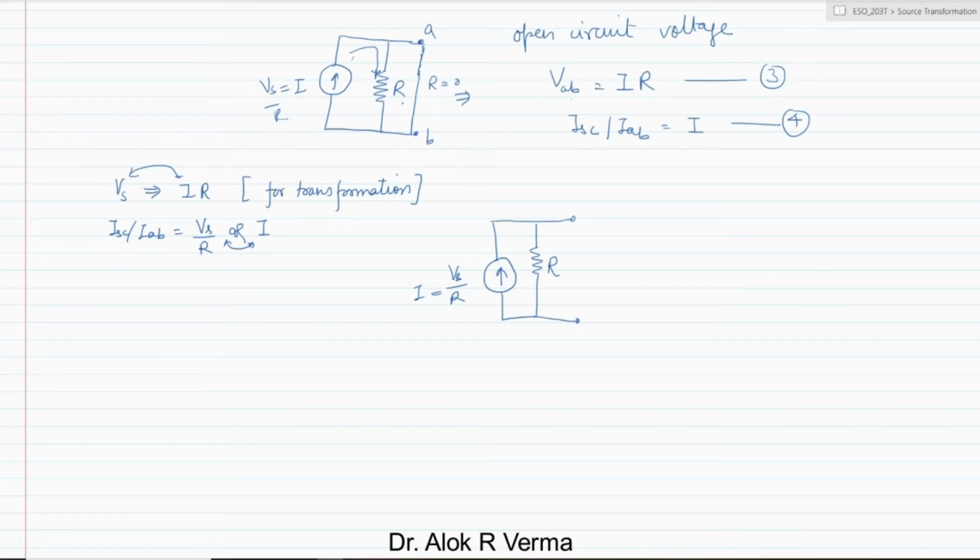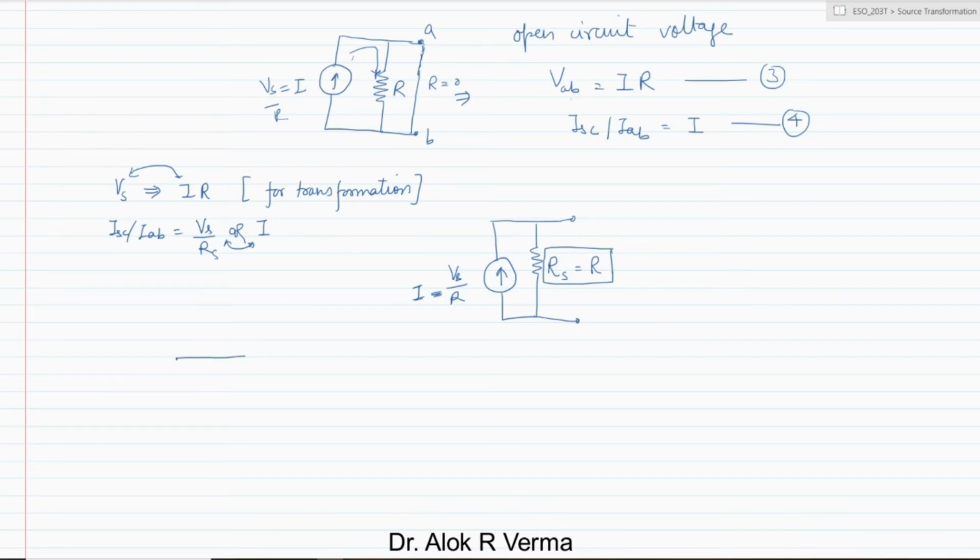Okay, so this is the R and this is Rs. Basically the Rs has to be equal to R, and the current has to be Vs by R. So just let us draw a clear transformation circuit.